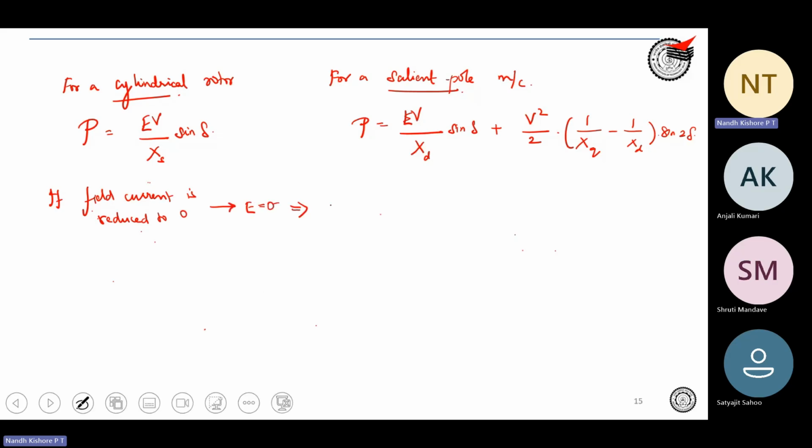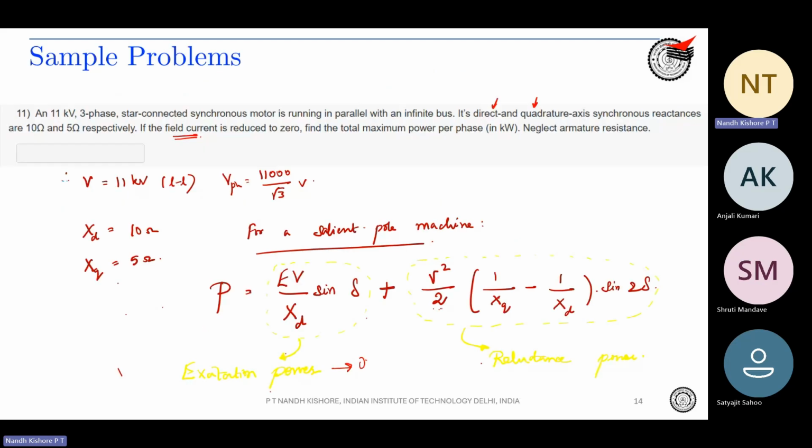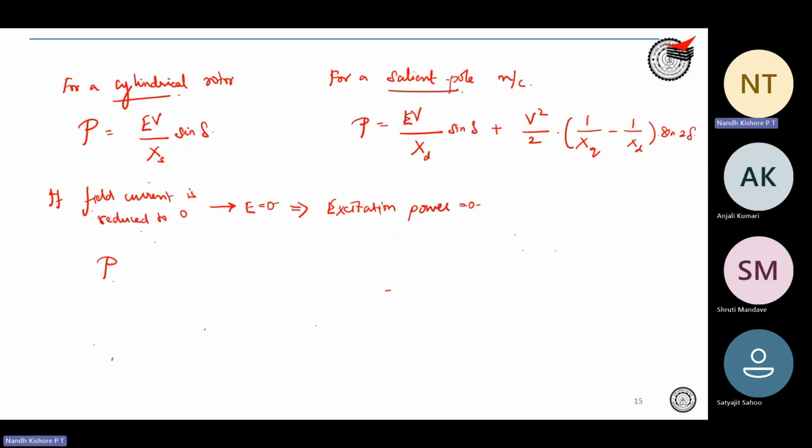If your E is becoming zero, your first part, that is EV by X sin del, the excitation power, becomes zero. So the question is to find the total maximum power per phase. Since E is equal to zero, P is V square by 2 into (1 by XQ minus 1 by XD) sin 2 del.